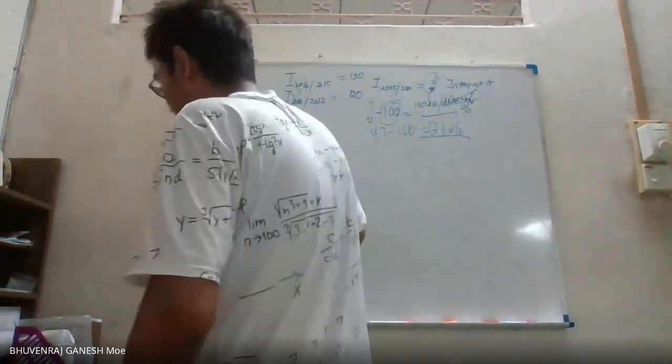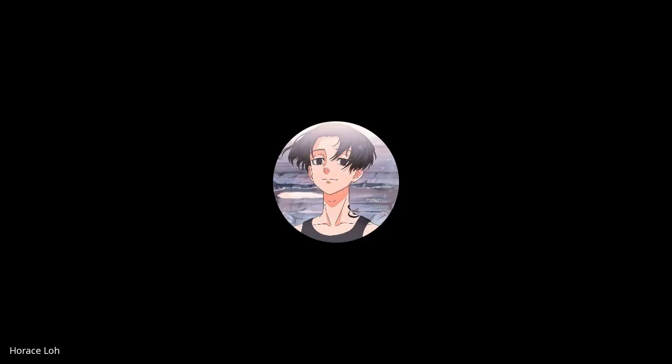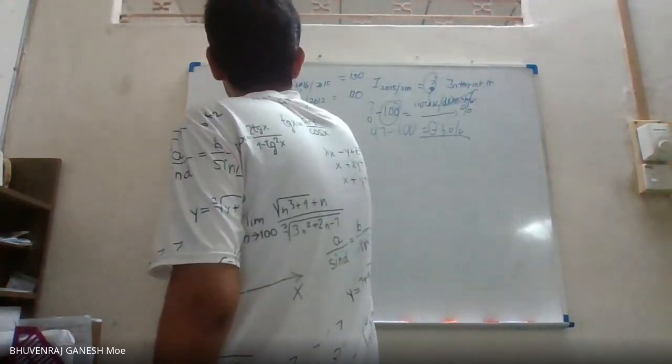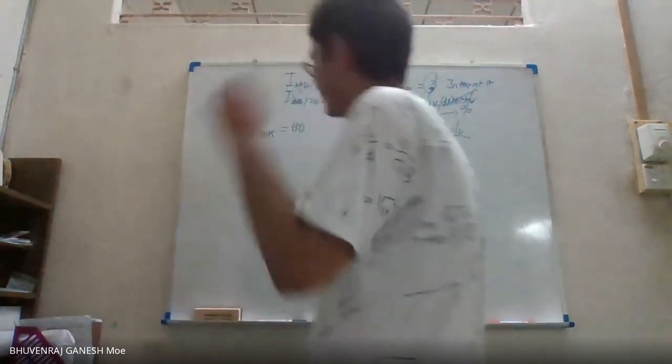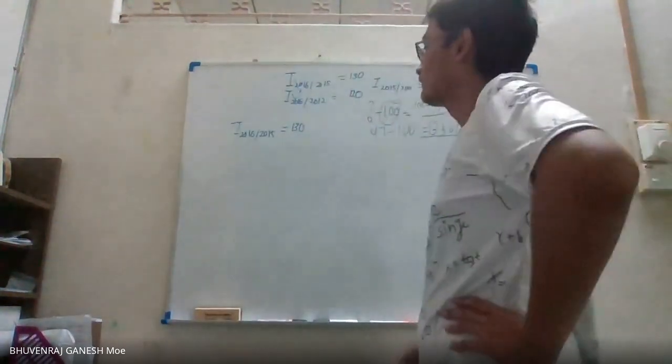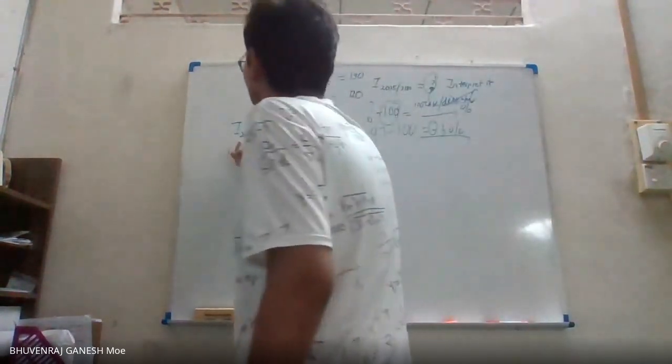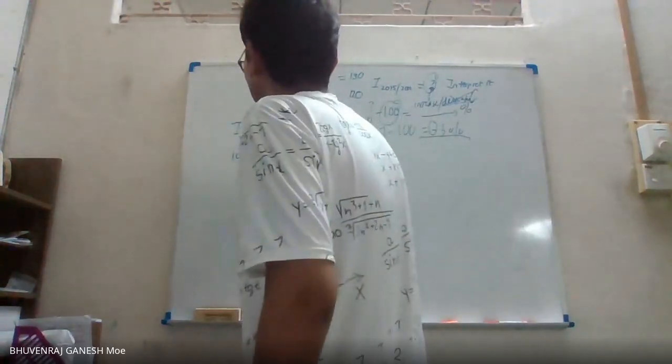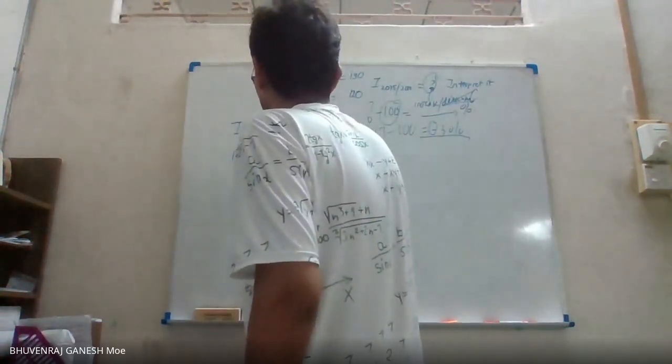Then how to solve it? Go to the normal method again, like this. We can directly jump. So 130, it will come like this. Okay, so the common year is already here, so we just equalize it.